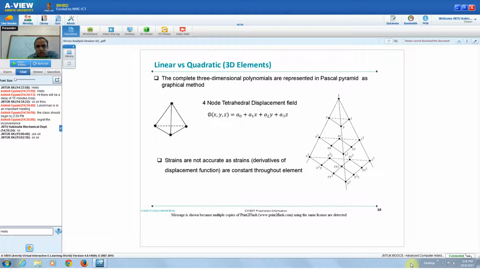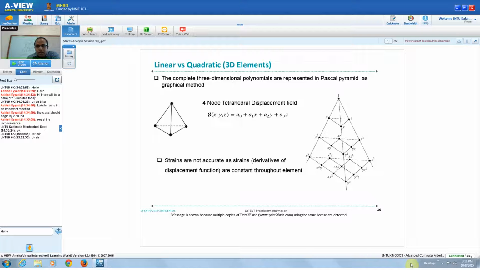Now coming to tetrahedral, and again here also, usually for stress analysis we won't recommend linear tet elements. That means the 4-noded tet element is always avoided for stress analysis. Now the reason is, coming to this Pascal pyramid, similar to the Pascal triangle.